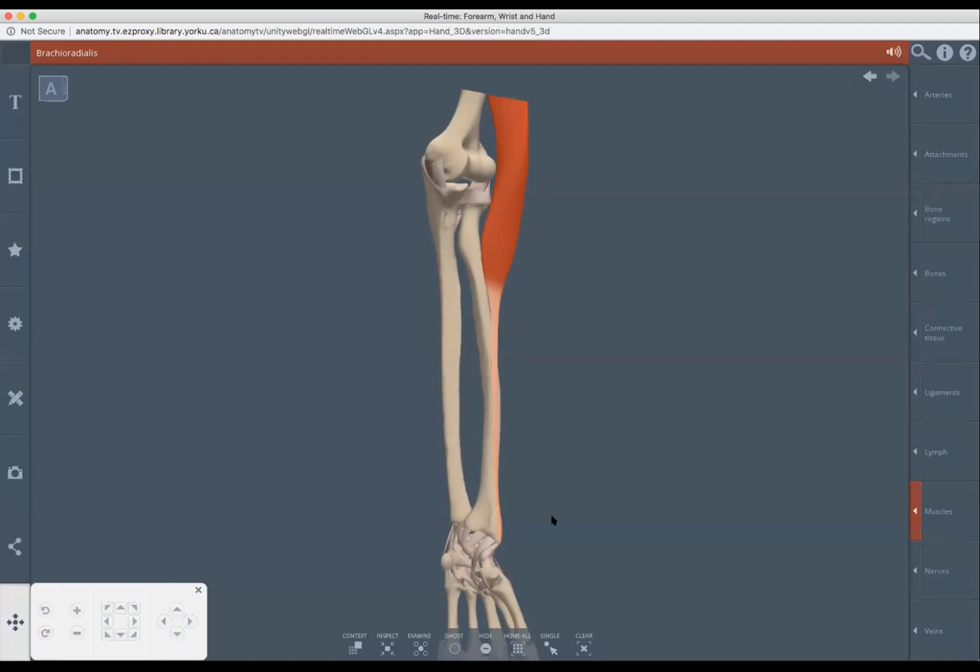So if you put your left upper limb out in front of you and make a fist, with your thumb up, then put your right hand on top of your left and push down with your right hand and up with your left hand. You'll start to see the muscle belly of the brachioradialis stick out, so right here, okay?